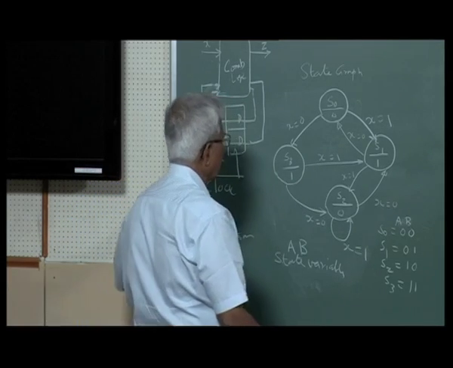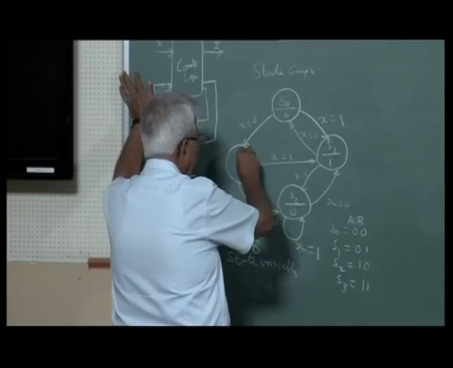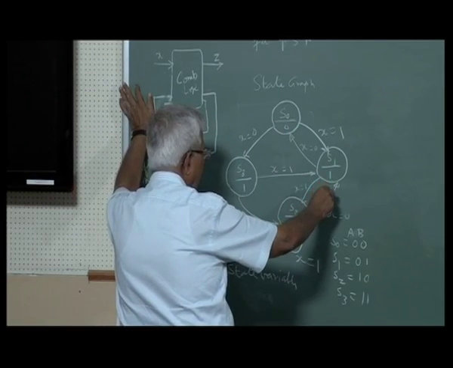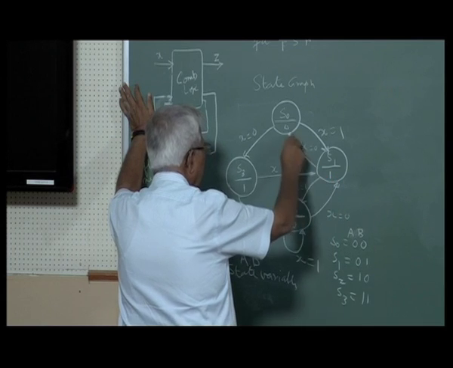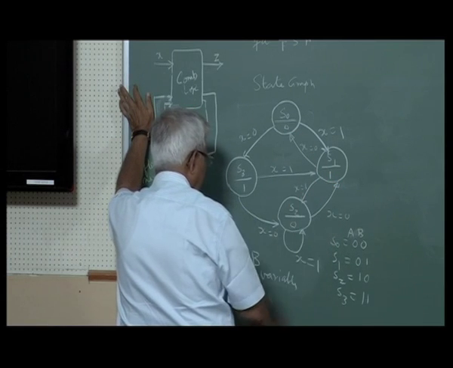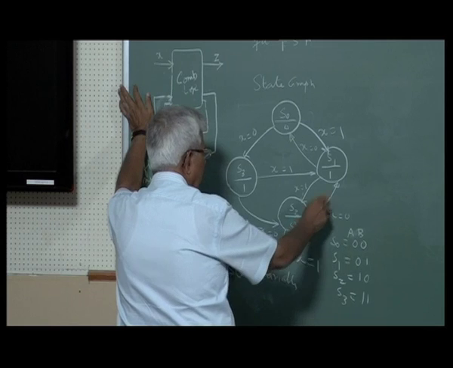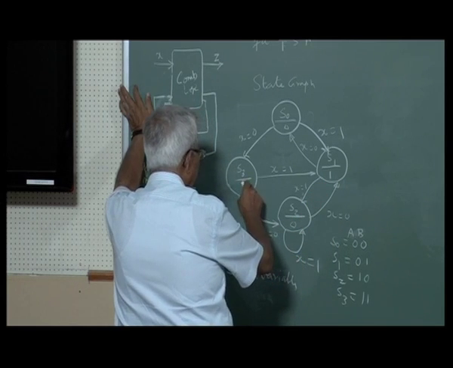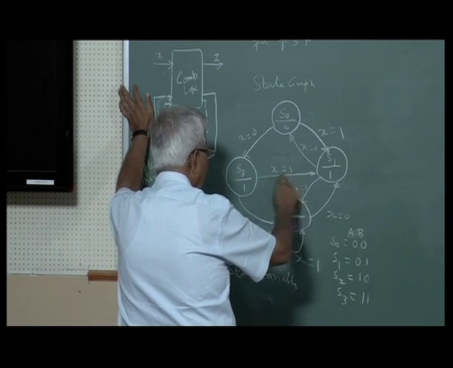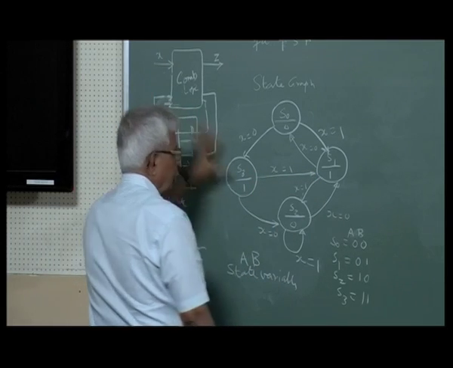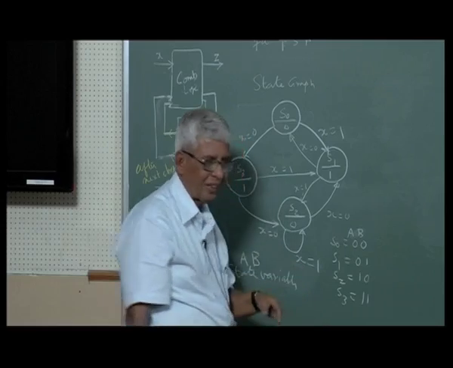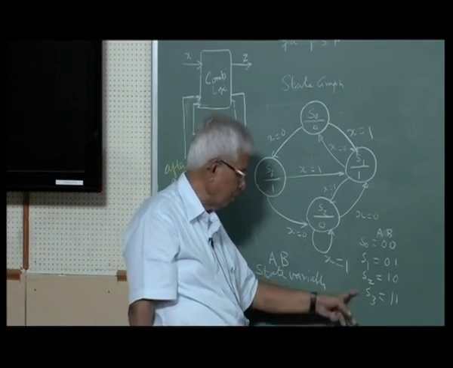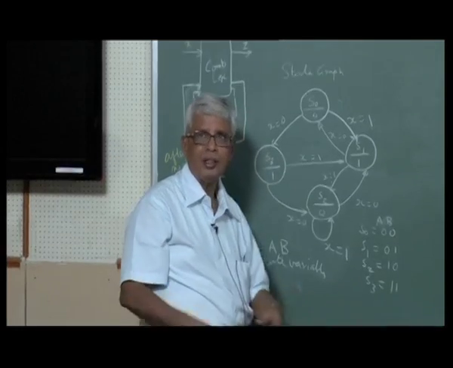From S0 it goes to S3 or S1. From S1 it goes to S0 or S2. From S2 it goes to S1 or remains S2. From S3 it goes to S2 or S1. If you draw like that with outputs, then it is called a state table. Then instead of S0, S1, S2, if I use these variable values, the same table is called an excitation table.